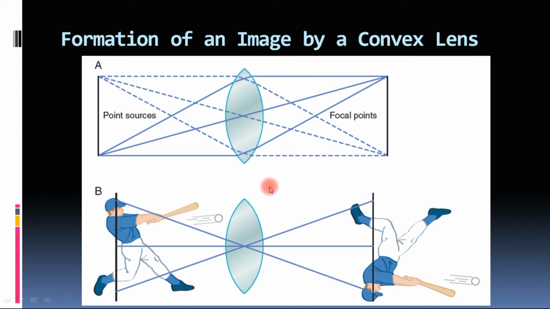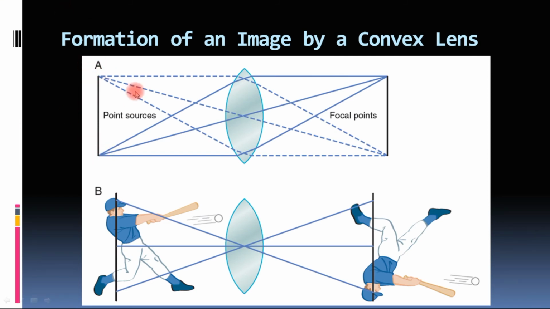Now let us look at the formation of image by the convex lens. As we can see here, this is an object. If this A is the object, this object can be considered as various point sources.